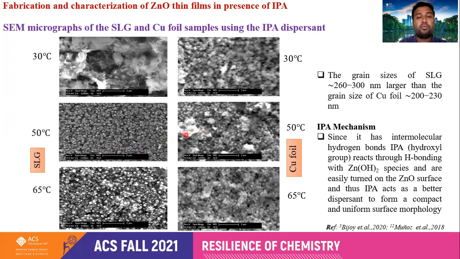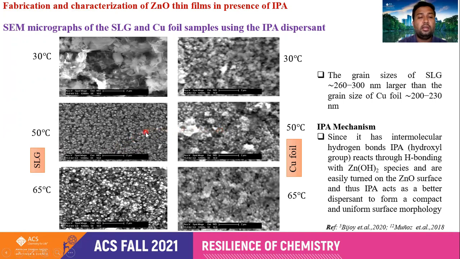And in the case of copper foil samples, we see some clusters, and we can say that the formation of zinc oxide thin films is affected not only by the isopropyl alcohol temperature but also by the substrate condition. And we calculated the grain size for zinc oxide on soda-lime glass substrates and also on copper foil substrates.